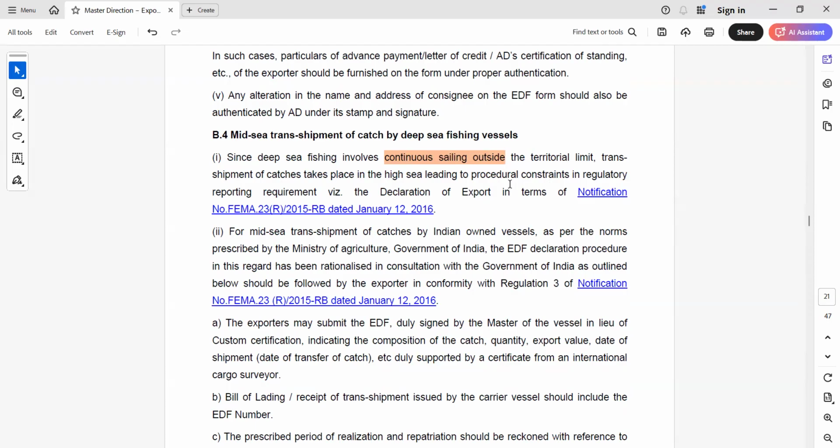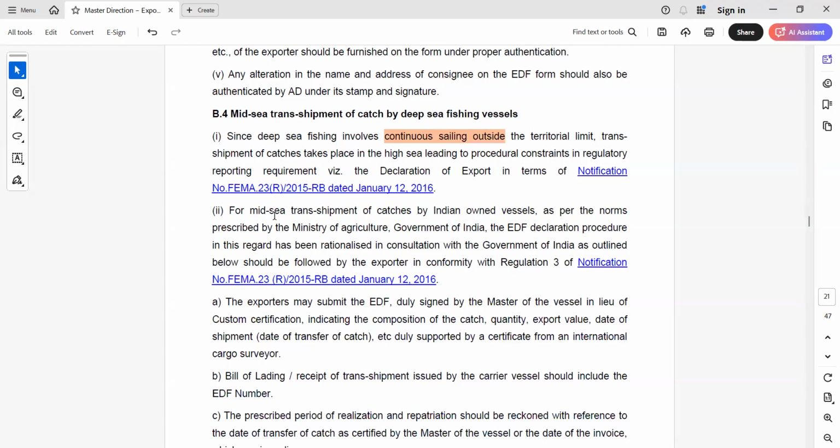Okay, the EDF and all, they cannot report. So for mid-sea transshipment of catches by Indian-owned vessels, as per the norms prescribed by the Ministry of Agriculture, Government of India, the ADF declaration procedure in this regard has been rationalized in consultation with the Government of India. So the exporter may submit the ADF duly signed by the master of the vessel in lieu of customs certification.